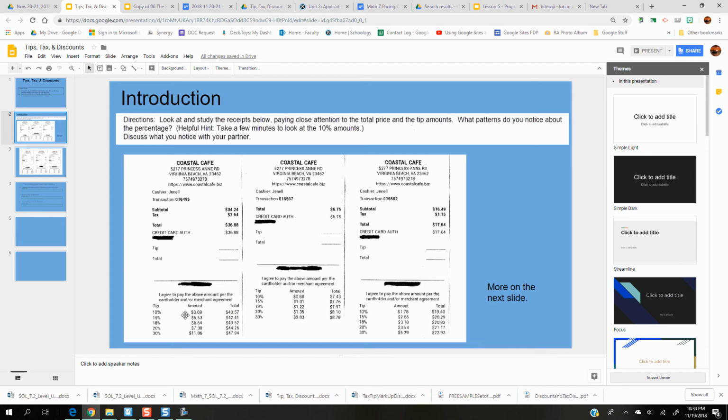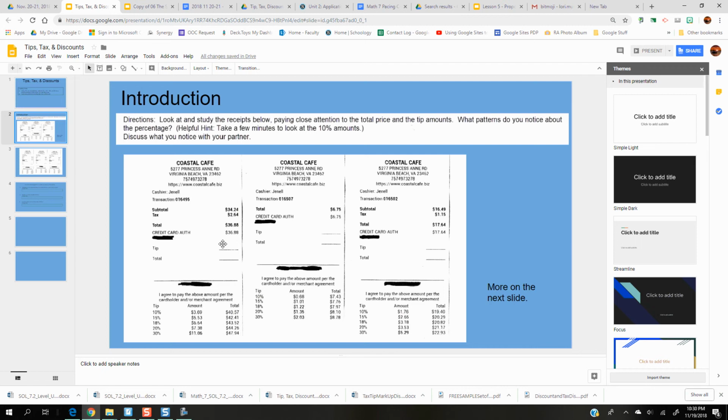Come down here and look at this 10% tip: 369. Look at the second one, $6.75, and the 10% is 68 cents. How about 17.64? Notice the 176. All we do is take the decimal point and move it one place to the left.